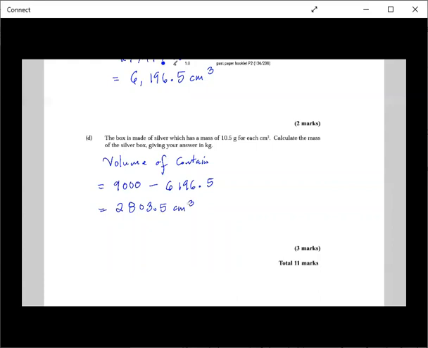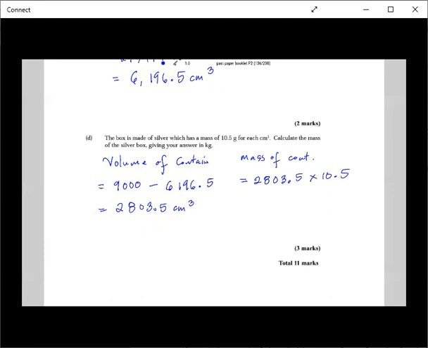Now, remember, 1 centimeter cube has a mass of 10.5 grams. Therefore, to find out the mass of 2,803.5 centimeters cubed, we have to multiply by 10.5. So the mass of container would be equal to 2,803.5 multiplied by 10.5.